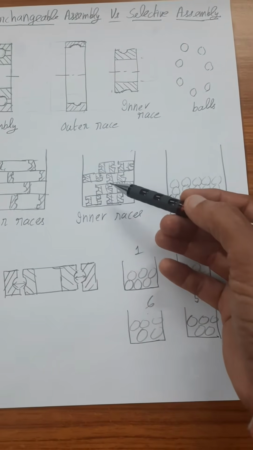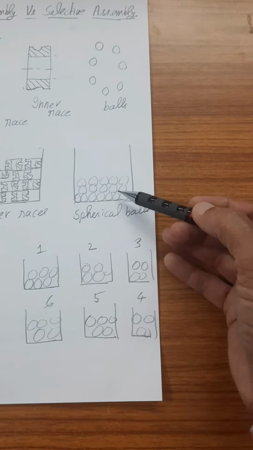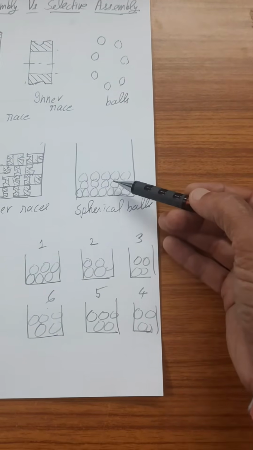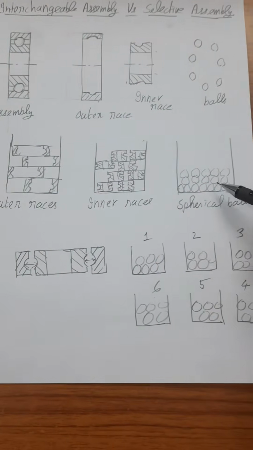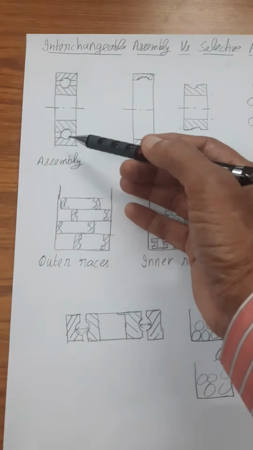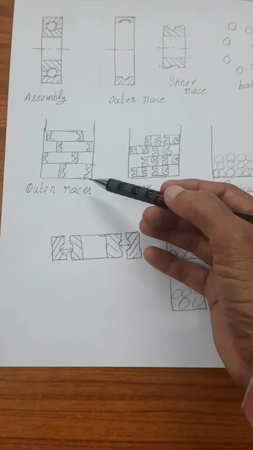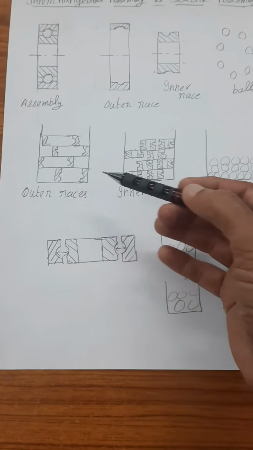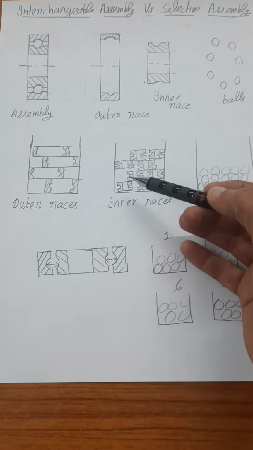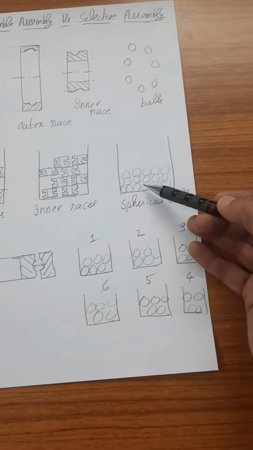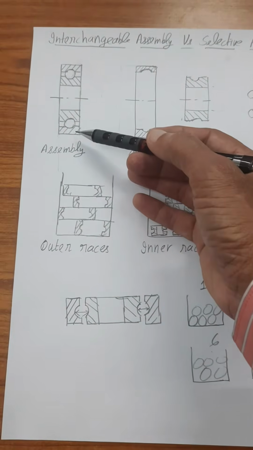Similarly, we can randomly pick any one inner race, and any 7 balls. Then we can assemble all three to get the first ball bearing assembly. Similarly, we can do it for the second assembly. We randomly pick an outer race, an inner race, then 7 balls, and assemble them to get the second ball bearing assembly.